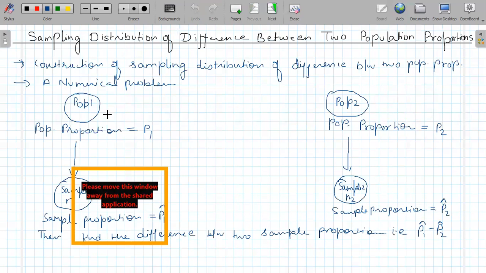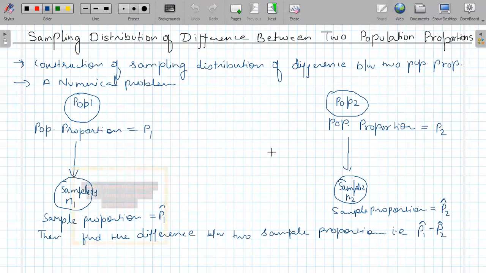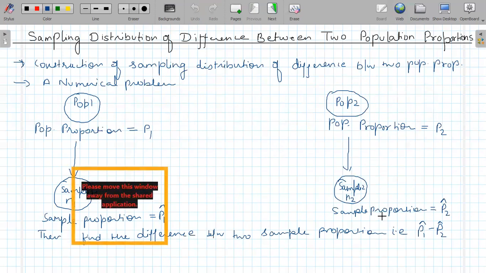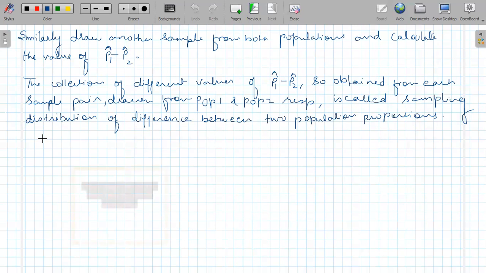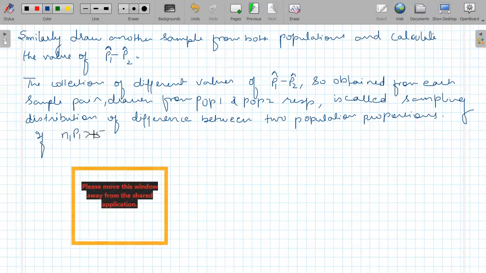P1 कैप क्या है, P1 कैप है हमने जो पॉपुलेशन से सैंपल लिया है उस सैंपल का प्रपोर्शन, उस सैंपल में पर्टिकुलर कैरेक्टरिस्टिक का प्रपोर्शन. इसी तरह से P2 कैप क्या है, सैंपल नंबर 2 में उस पर्टिकुलर कैरेक्टरिस्टिक का प्रपोर्शन. ओके, तो इन वैल्यूज के कलेक्शन को हम सैम्पलिंग डिस्ट्रीब्यूशन ऑफ डिफरेंस बिटवीन टू सैंपल प्रपोर्शंस कहते हैं. ये डिस्ट्रीब्यूशन नॉर्मल होता है शेप में. ये डिस्ट्रीब्यूशन नॉर्मल कब होगा, इफ n1 p1 greater than 5 and n2 p2 is greater than 5.